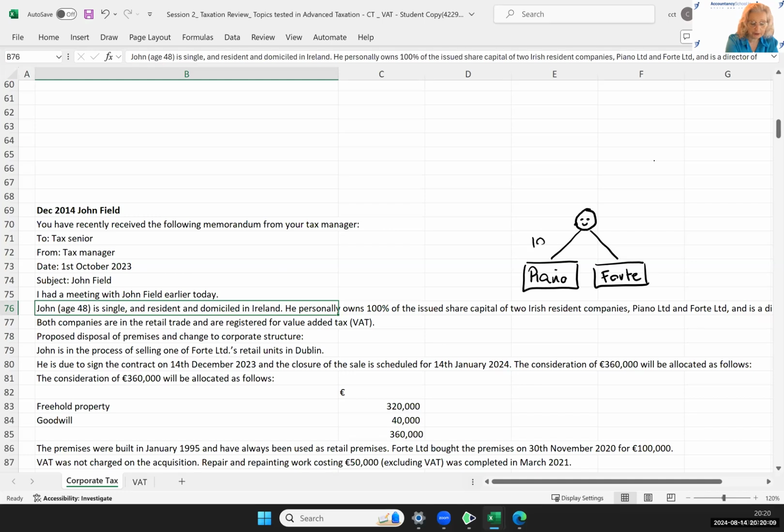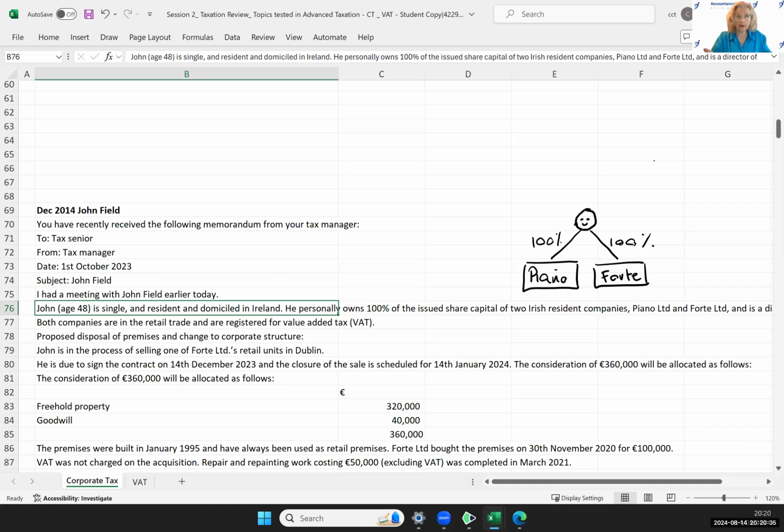And he owns 100%. So anybody who remembers anything about groups might remember that in order for companies to be in a corporation tax group, there was a 75% ownership requirement. So when we look at that and we say, oh, John owns 100% of Piano and 100% of Forte, are Piano and Forte in a corporation tax group? Absolutely not.